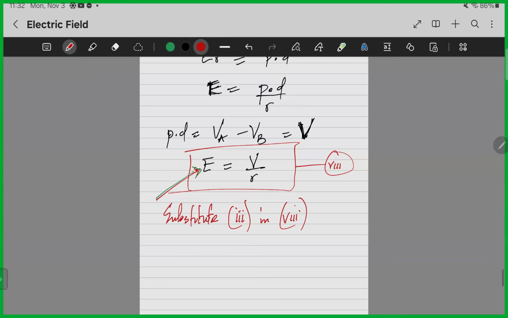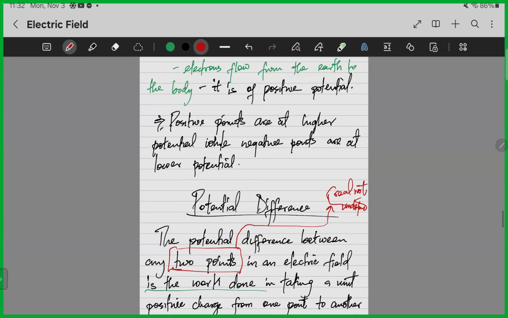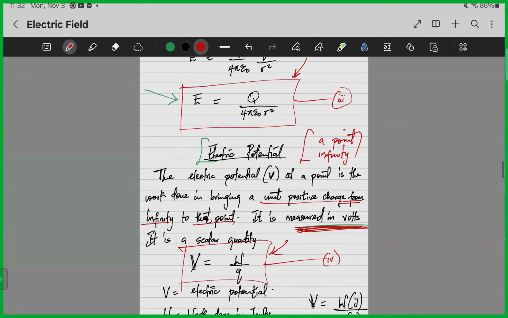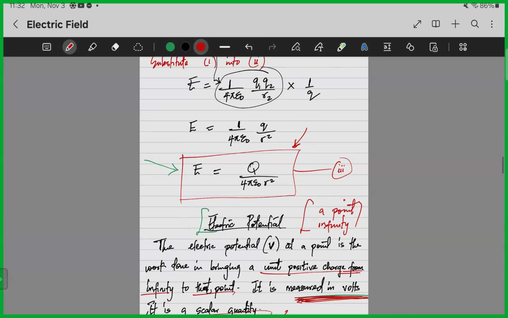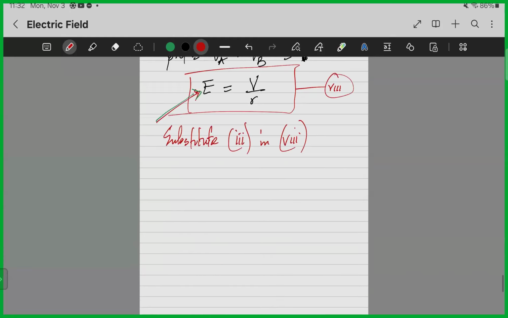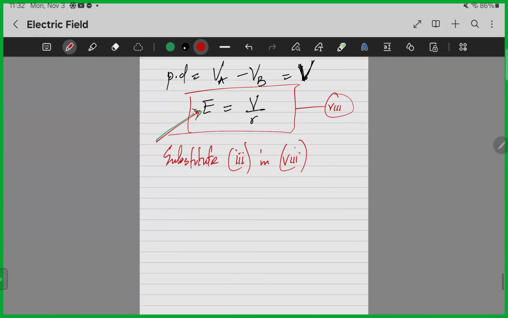So the right-hand side of the one up here, that's 3, is definitely Q over 4 pi E naught R square. So we'll come here and say Q over 4 pi E naught R square equal to V over R. Now the idea is on both sides in the denominator we have R. And just by basic math, you want to say one R cancels the other R, but I've told you not to take that approach.